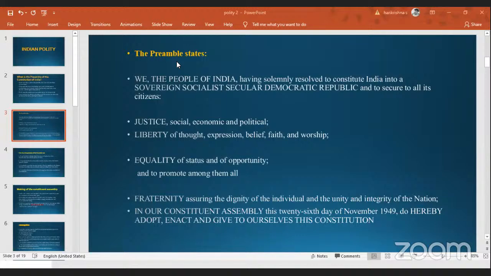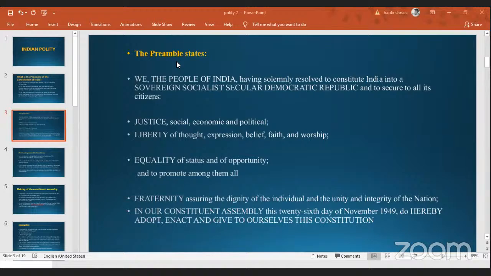Okay, the four components of the preamble are represented here. First, the preamble indicates that the source of authority of the constitution lies with the people of India. Okay, that's the first thing. Those are the four components of the preamble.